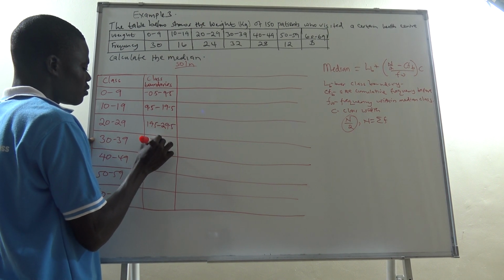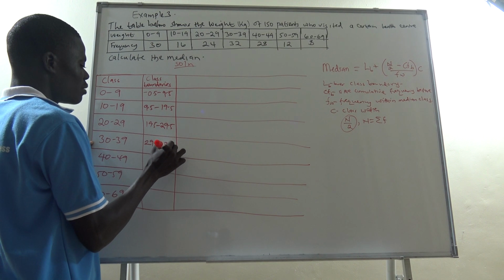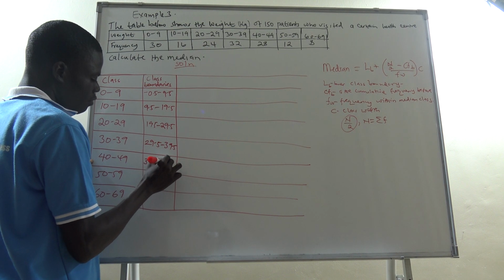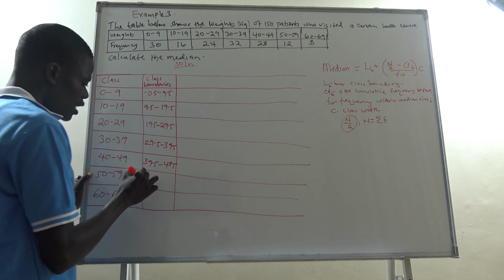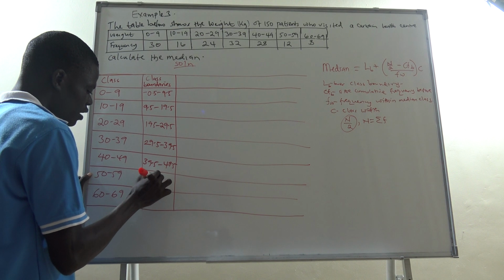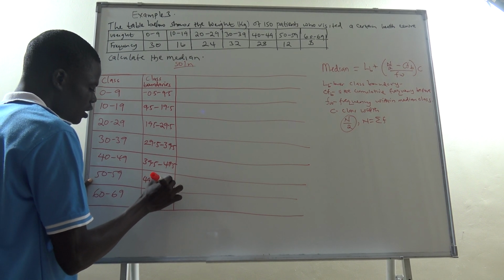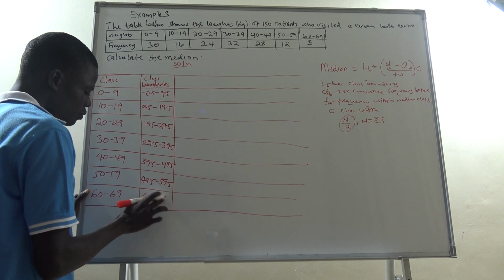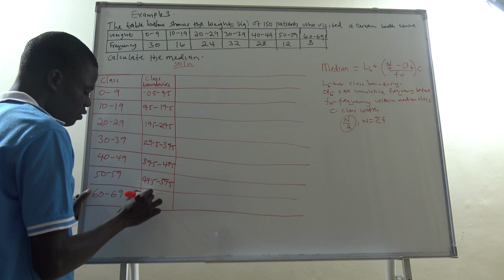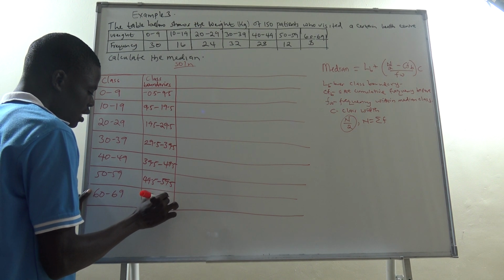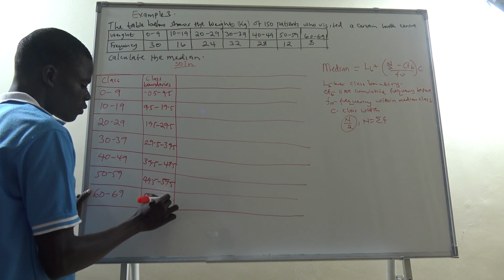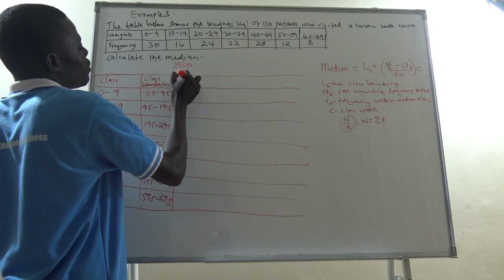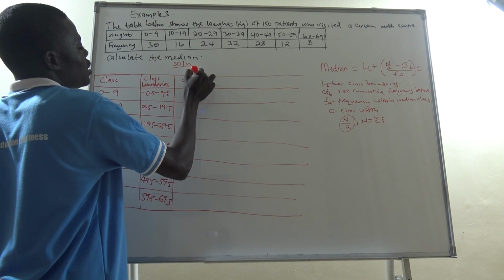Also here you get 29.5 to 39.5. Also here you get 39.5 to 49.5. Then here also you get 49.5 to 59.5. Also here you get 59.5 to 69.5.